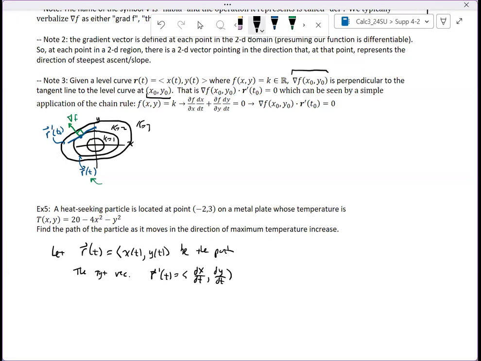This is the instantaneous direction of travel at time t according to the path r. But what else do we know about the instantaneous direction of travel? Well, we're going to be traveling at a given time t in the direction of maximum temperature increase, but that's in the direction of the gradient.